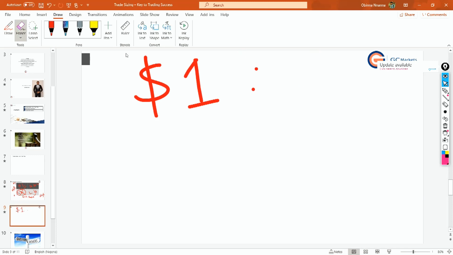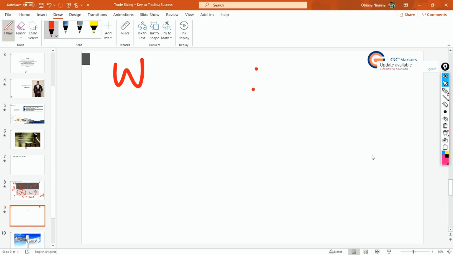So in the second option where we have a low win rate, let's say out of every 10 trades, we win only about 4 trades. So we win 4 out of every 10. So 4 out of 10 is our win rate. But we have a higher win ratio, right?